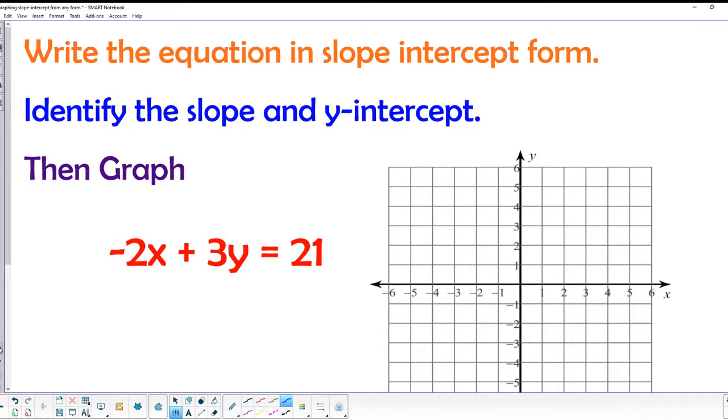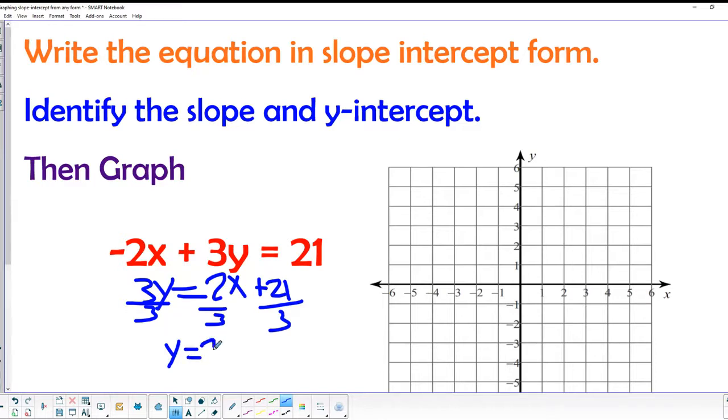All right, here's yet another one. Let's try this one. We solve for y, so we have 3y equals positive 2x, because it moved across the equal sign, plus 21. We divide by 3. Sure enough, we end up with y equals 2/3 x plus 7. So we go up to positive 7.